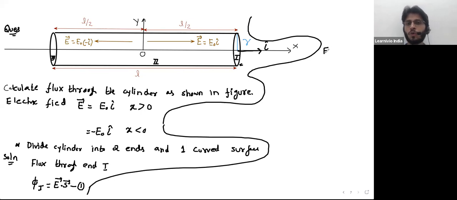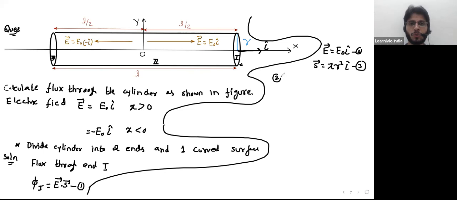The value of E is E naught i cap. That's my second equation. The area vector is pi r square i cap. That is the third equation.